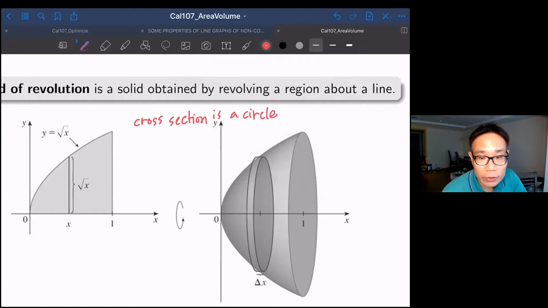So if the cross section is a circle, you're gonna be able to find the volume of this solid by just applying the idea of integrating the area of the cross section.